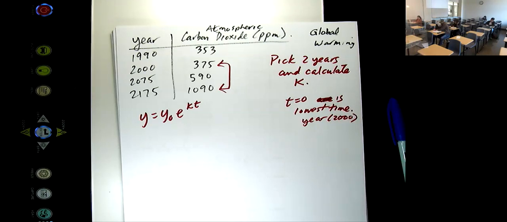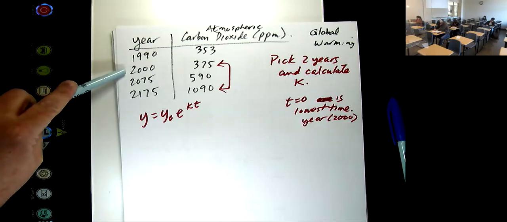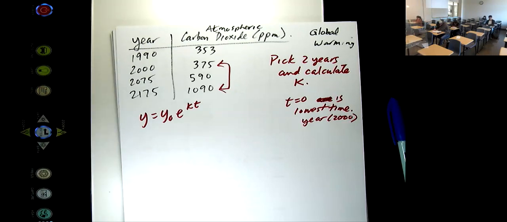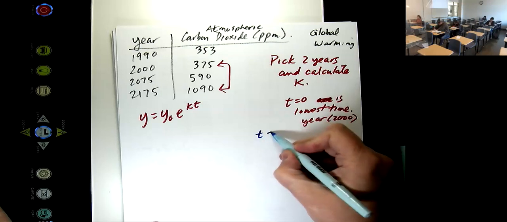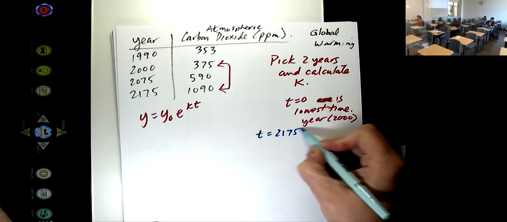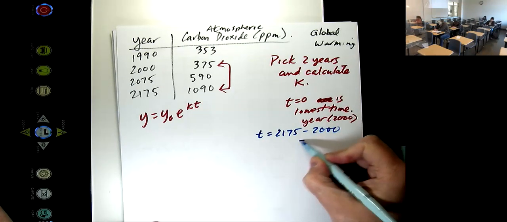If I chose 1990, it'd be 1990. How much time has passed between 2000 and 2175? 175 years, right? So t equals 2175 minus 2000 is 175 years.